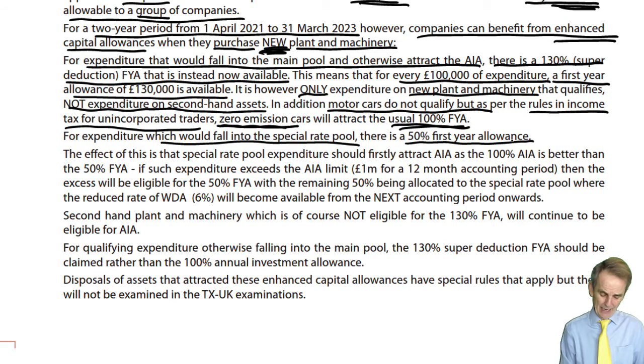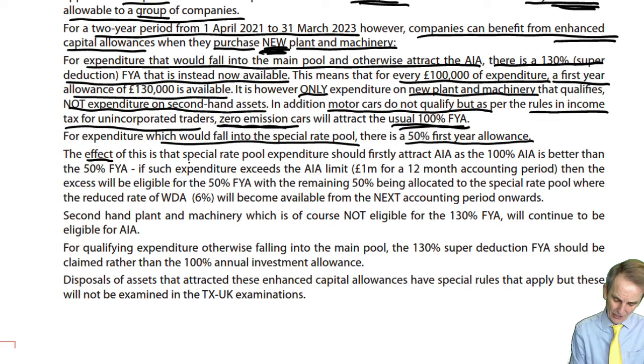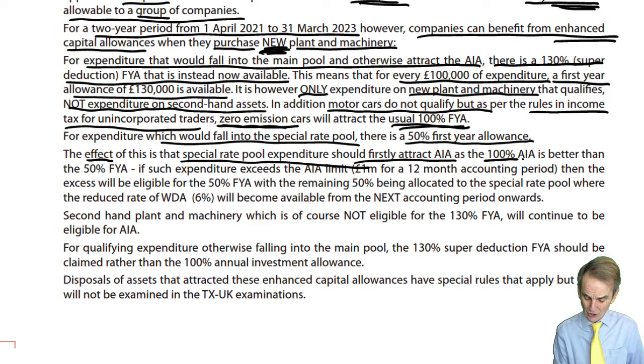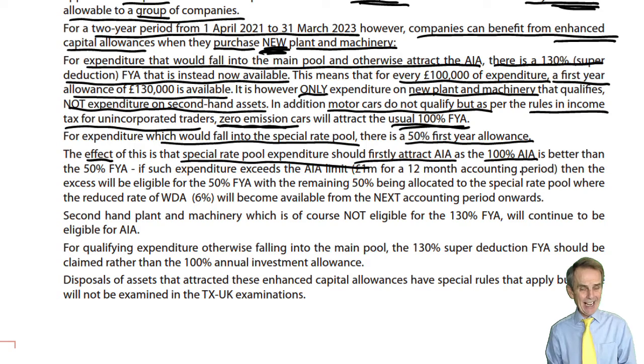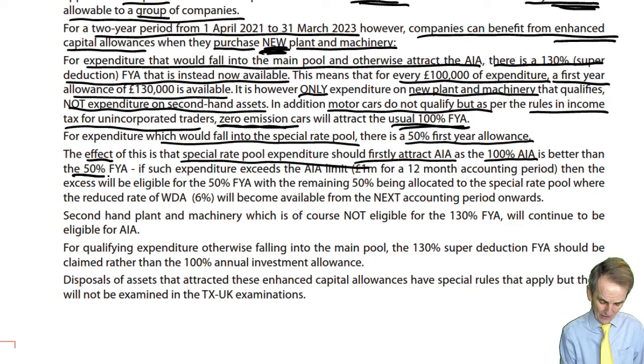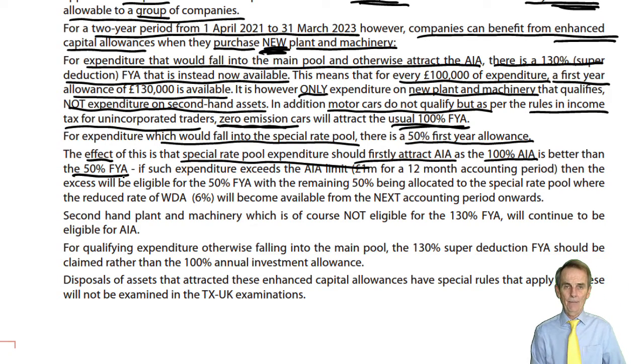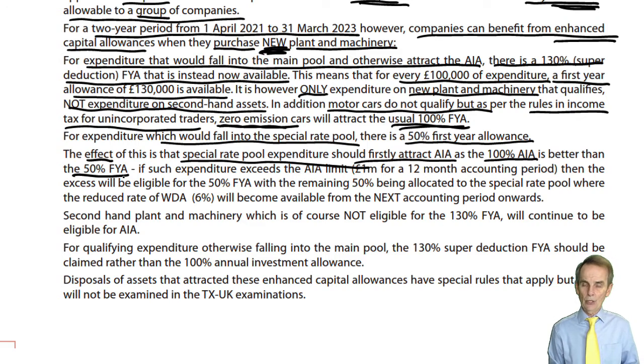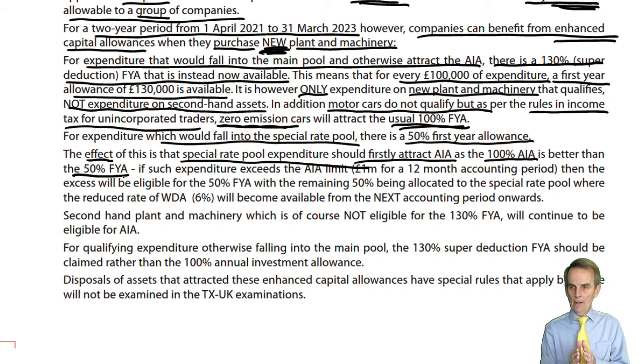So what will happen here is that the special rate pool expenditure should firstly attract AIA, because you'd rather have 100% AIA than the 50% FYA. Now this, of course, is only going to be an issue where you have expenditure in excess of that AIA limit. Again, I repeat, the £1 million for a 12-month accounting period.